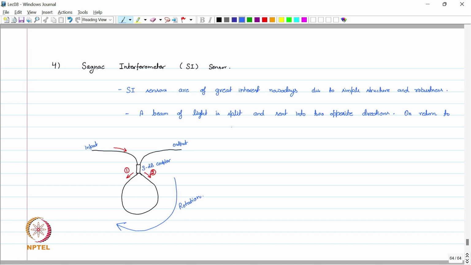On return to the point of entry, the two light beams are allowed to exit this ring, and they undergo interference.